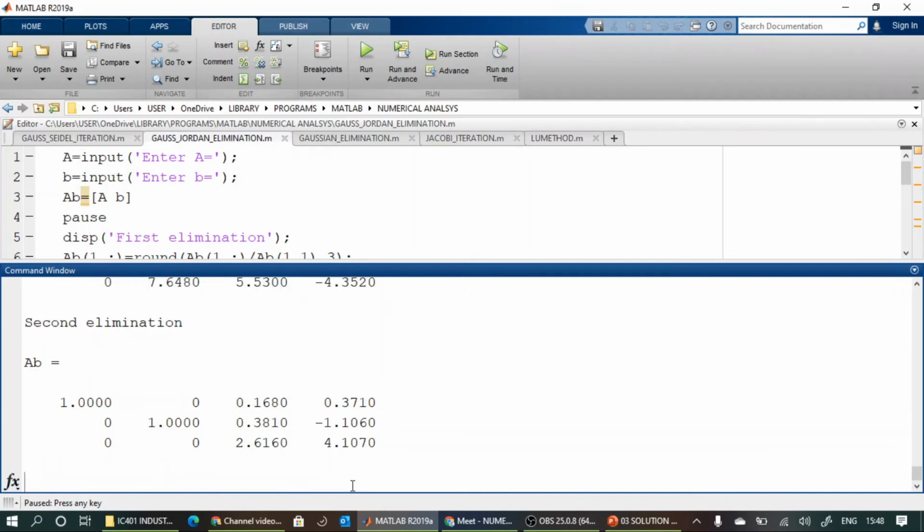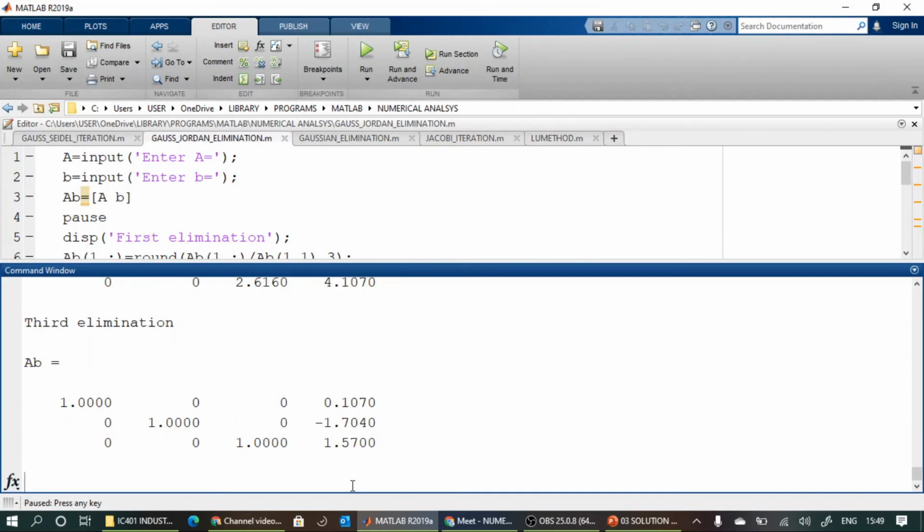Now after the second elimination we have 1, 0, 0.168, 0.371, 0, 1, 0.381, minus 1.106. The third row is 0, 0, 2.616, 4.107. This is after the second elimination.